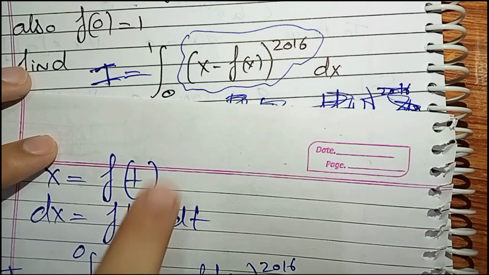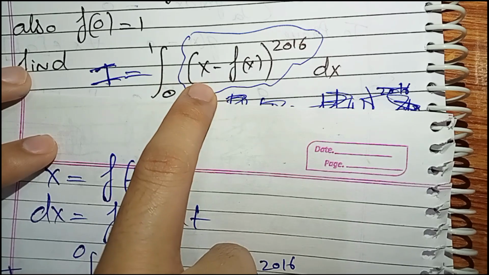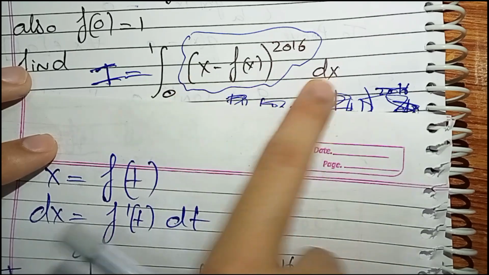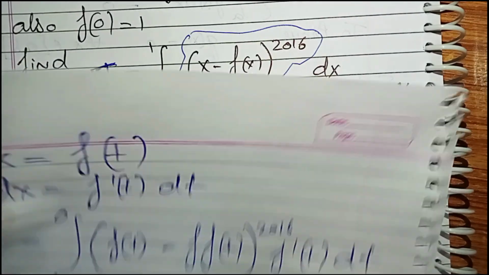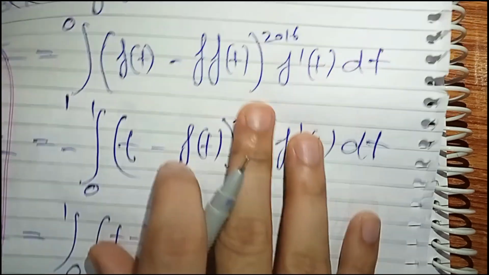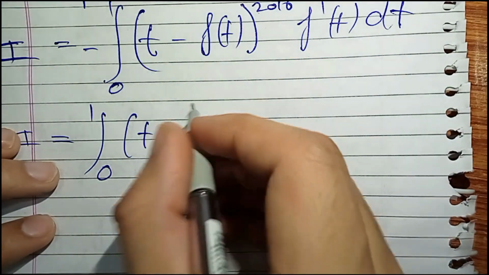I'm writing this I first, and since x is just a variable, I can write t here in place of x. Changing the variable doesn't affect the definite integral at all.